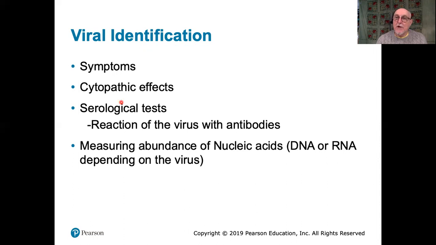We can use serological tests. That is, for example, we have a known virus. We can inject that virus into an animal, a rabbit, whatever, and have that animal produce antibody to that virus. Then afterwards use that antibody.